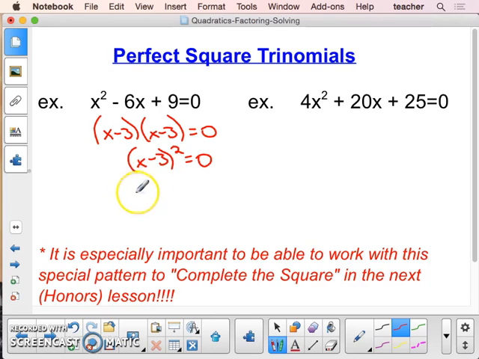And so you just get x minus 3 equals 0, or x is equal to 3. We call this a multiplicity of 2 because the answer appears twice, the same answer. And when we graph, you'll see that that becomes important, but you don't have to know that word right now.